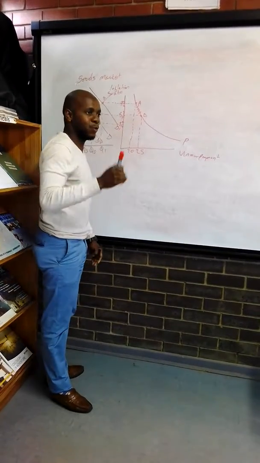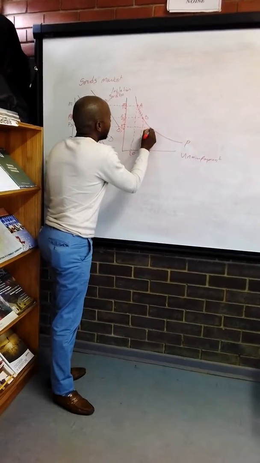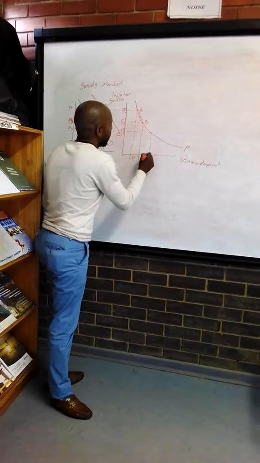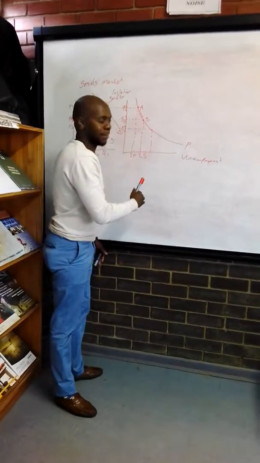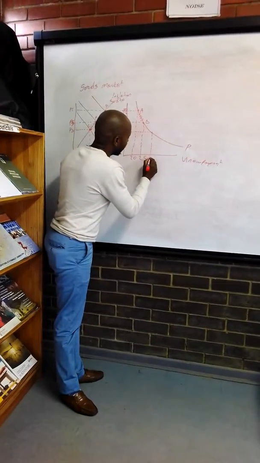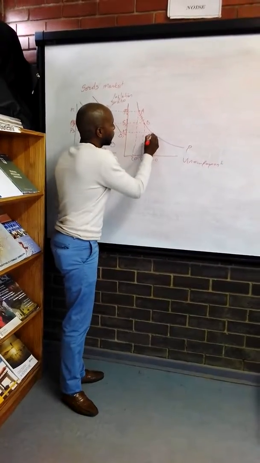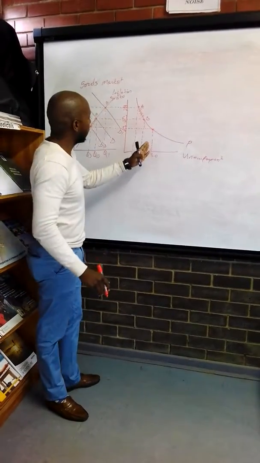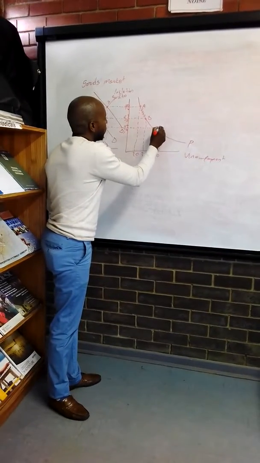What happens to the unemployment rate when the inflation rate is lower? Unemployment rate will increase. We say from 25 to 30. And then we see a movement along the Phillips curve.